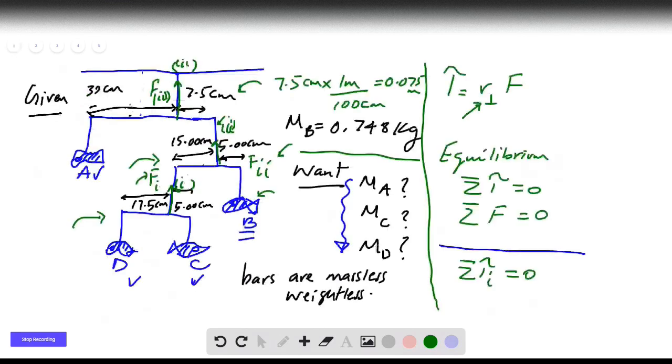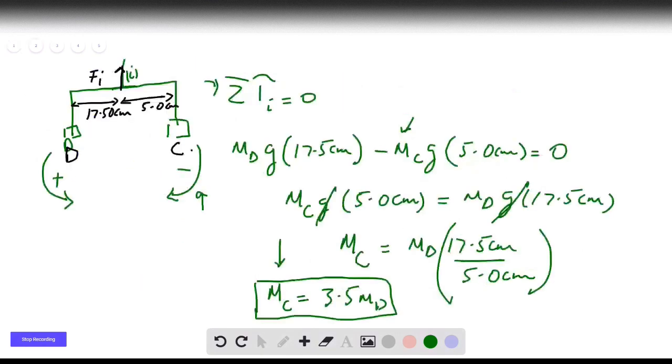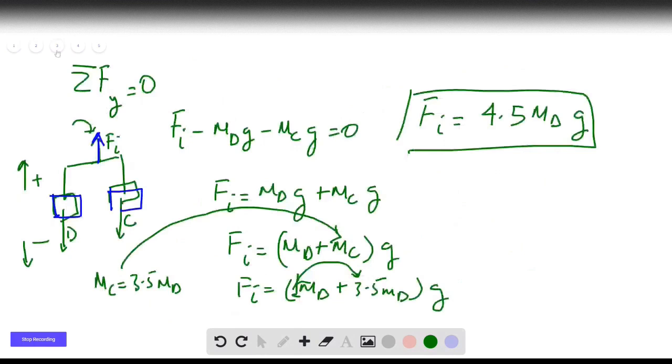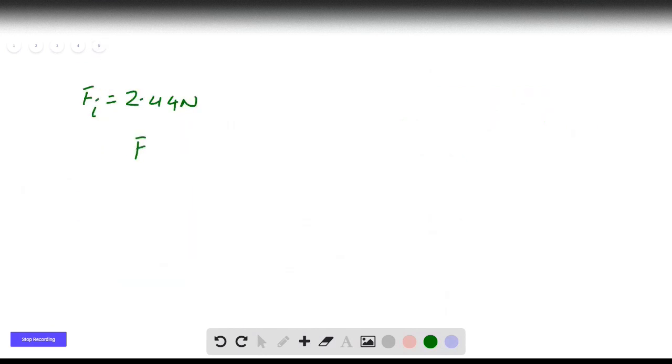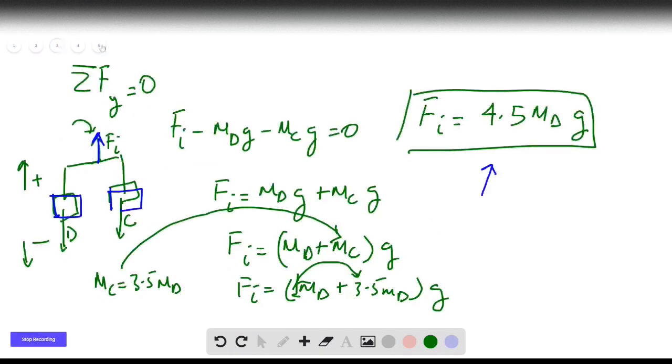If we go back to the initial slide, or the third slide, we see there's a relationship. F1 was given as 4.5 MDg. That's in slide number 3, you can see.